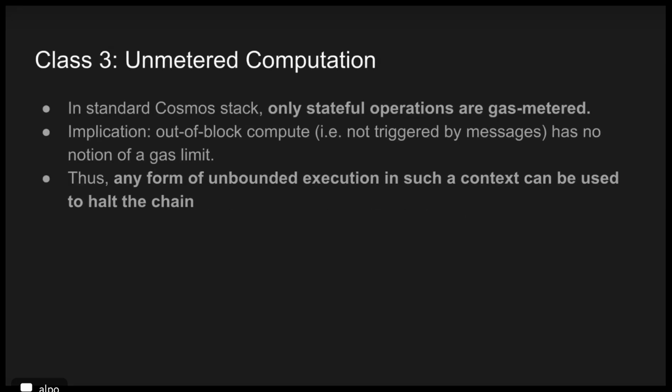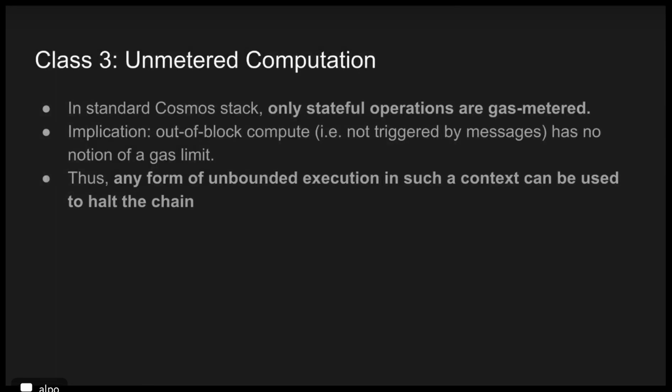So unmetered computation is super interesting, and again something that one normally does not have to think about when writing or reviewing, say, Solidity contracts. The key point here is that gas metering is not necessarily automatic. If you're doing Cosmos contract stuff, you don't have to really worry about this. But there's no gas limit for code that's run out of block.